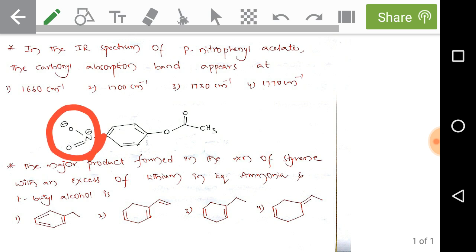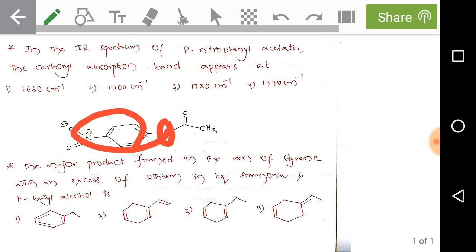Okay, strong electron withdrawing group, nitro group. That's why the lone pair of electrons are dragged towards this phenyl group. At the same time, some of them are dragged towards this carbonyl group. That means the electron density around this carbonyl carbon is decreasing, which leads to increasing its IR stretching frequency than its normal stretching frequency of carbonyl group.